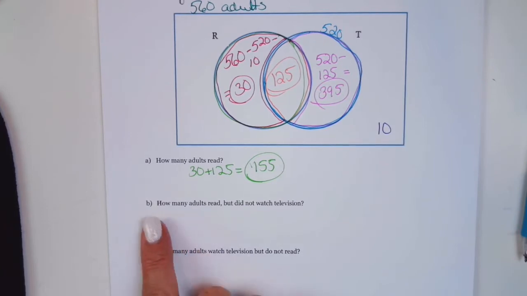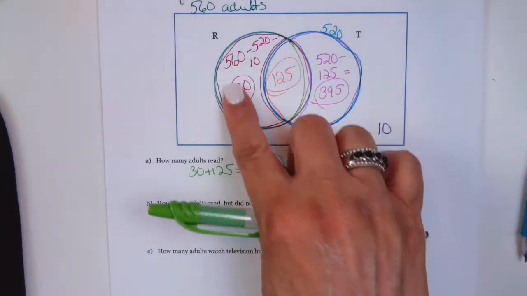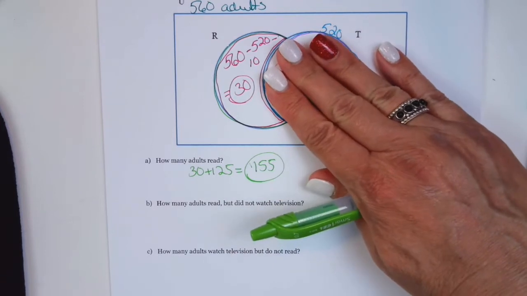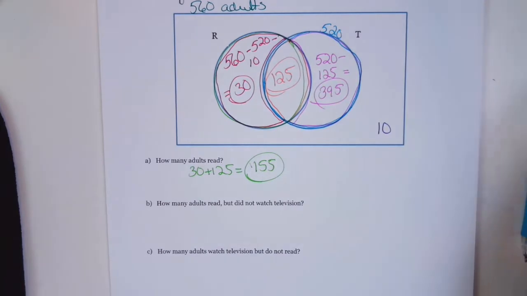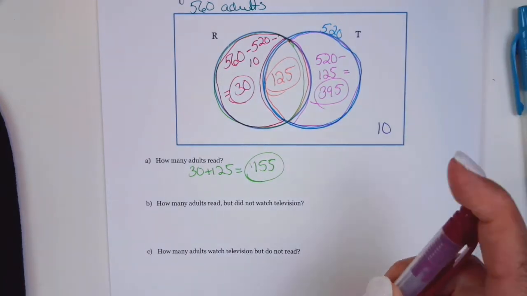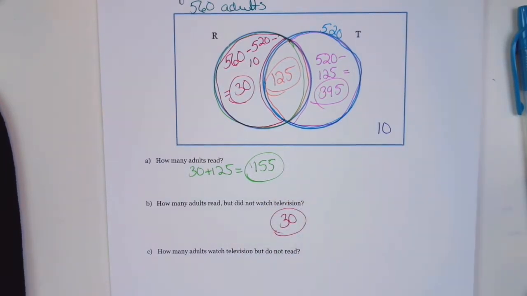Next, our question is, how many adults read but did not watch television? These are all the ones that watch television. So we have 30 who only read. How many adults watch television but do not read?